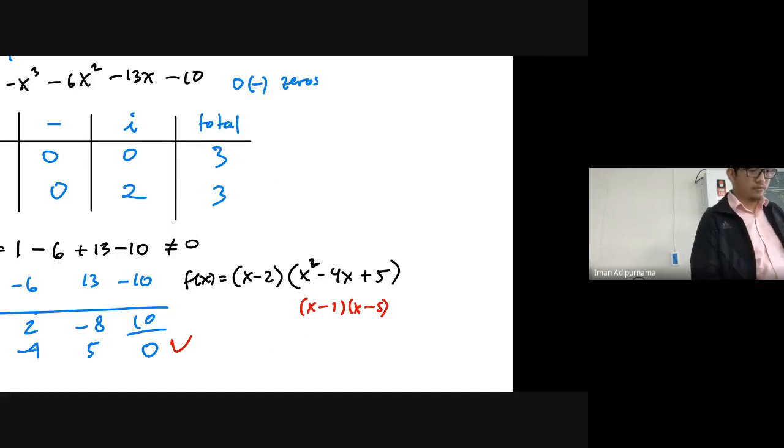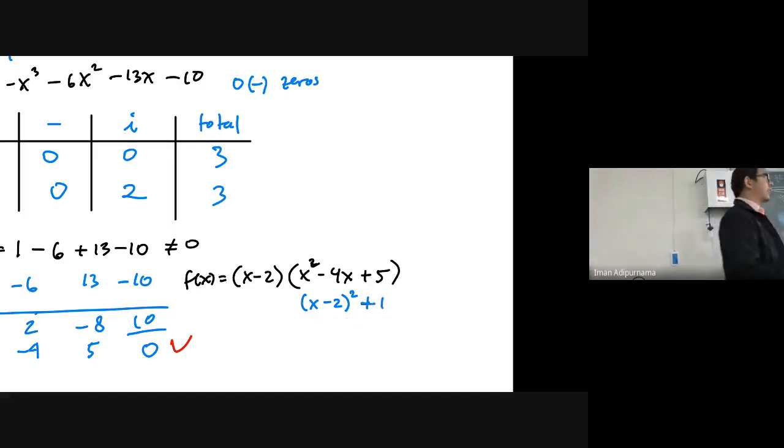Then it should be x squared minus 4x plus 4, so to be 5, it should be plus 1. It's the old x squared, just the regular x squared, but you move the graph above. That's why it doesn't have any real roots.